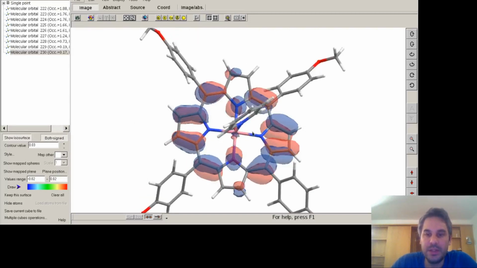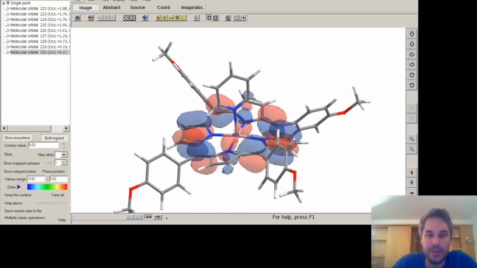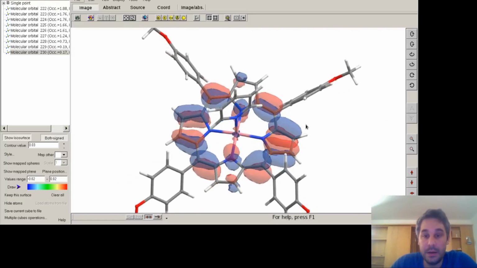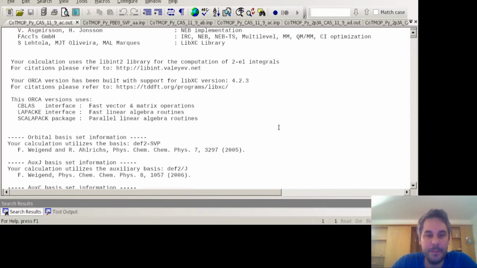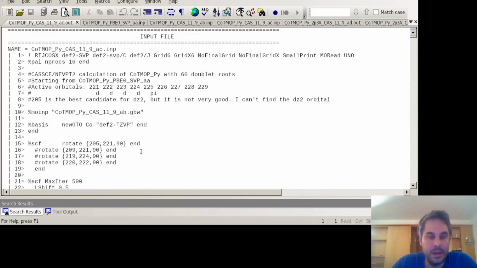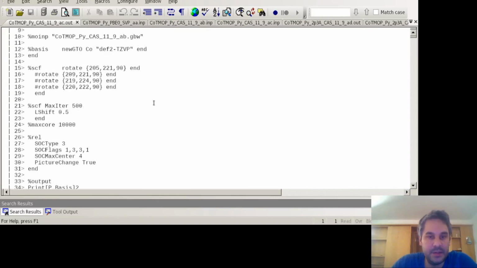So now that we saw that the active space orbitals are reasonable, we can look at some numerical results in the output file. So this is the output file. The input file is reproduced here.